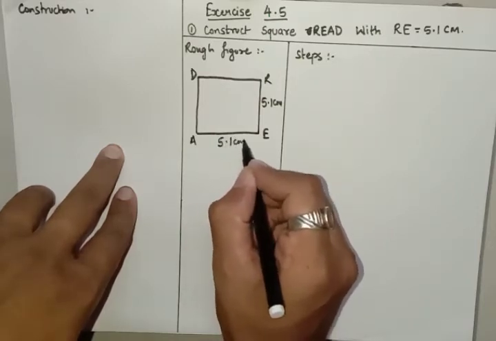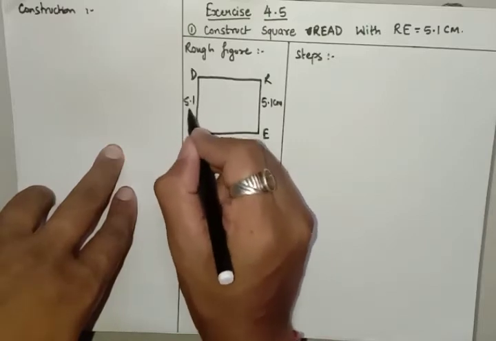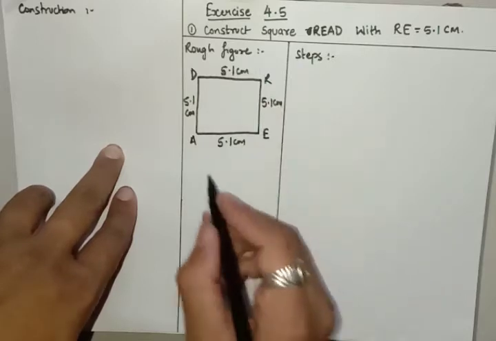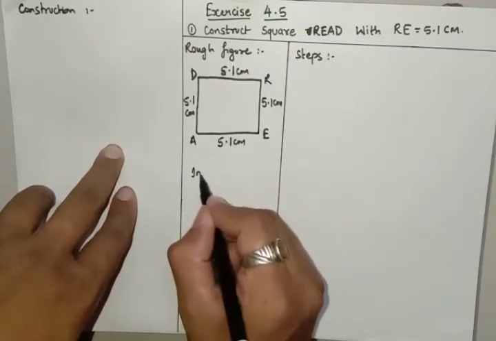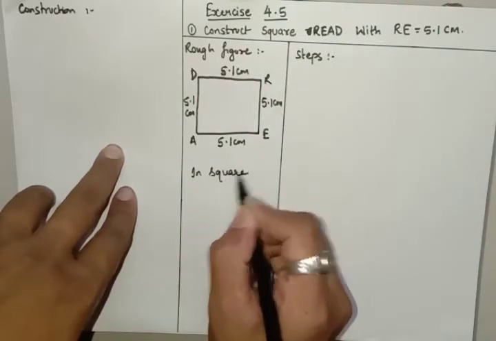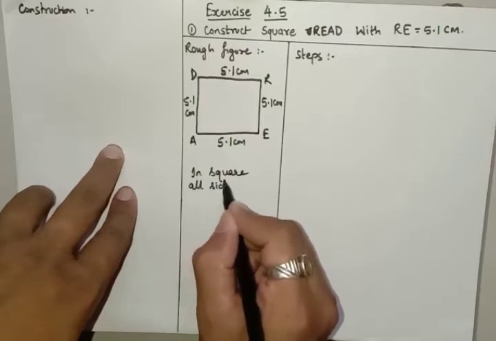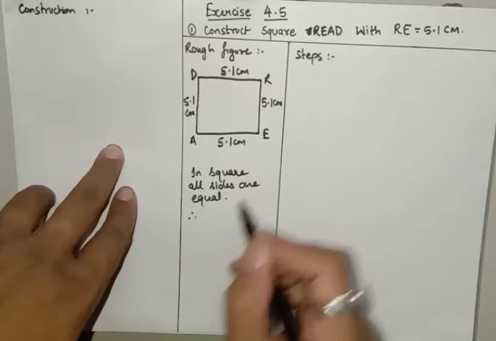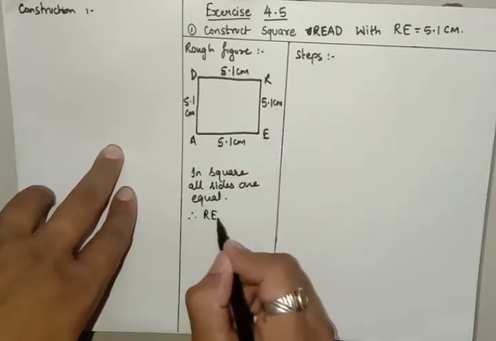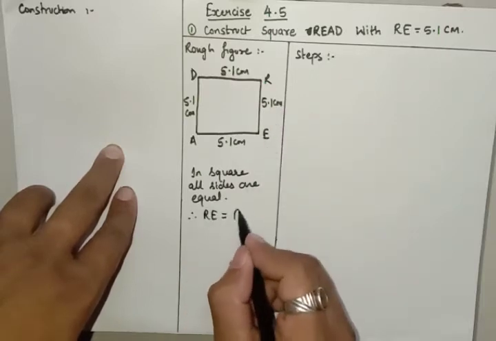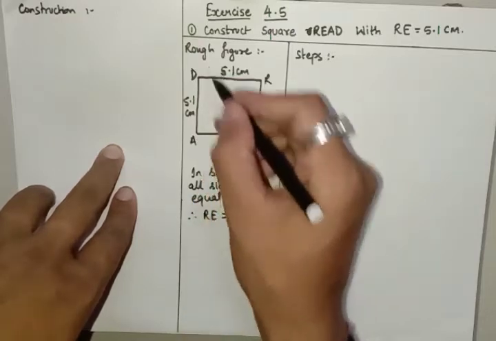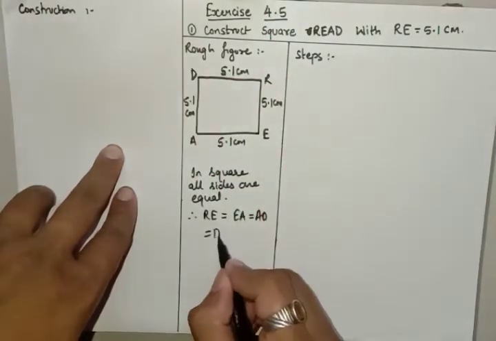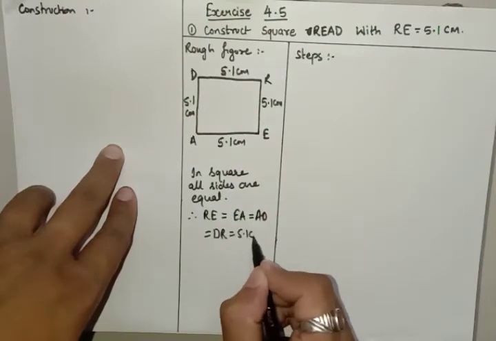So this will also be 5.1 centimeter, this also 5.1 centimeter, this also 5.1 centimeter. Here I am writing, in square all sides are equal, therefore RE equal to EA equal to AD equal to DR equal to 5.1 centimeter.